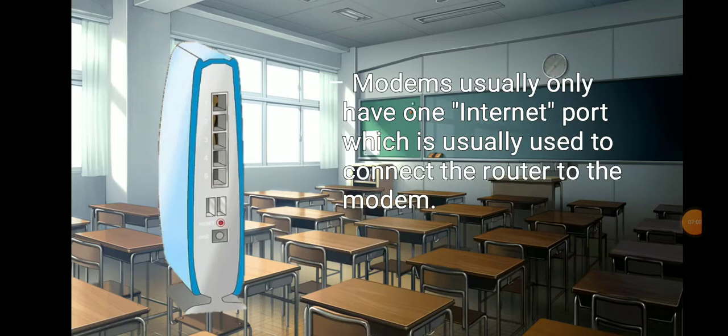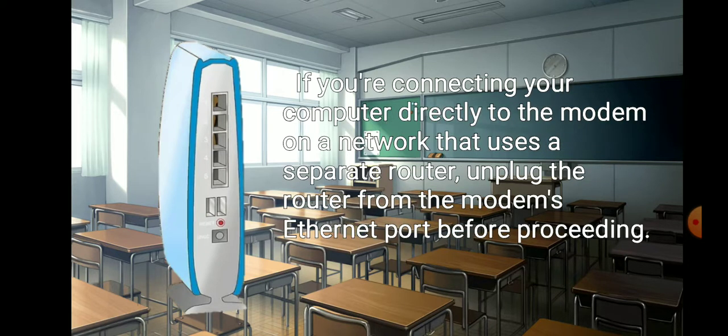Modems usually only have one Internet port, which is usually used to connect the router to the modem. If you're connecting your computer directly to the modem on a network that uses a separate router, unplug the router from the modem's Ethernet port before proceeding.